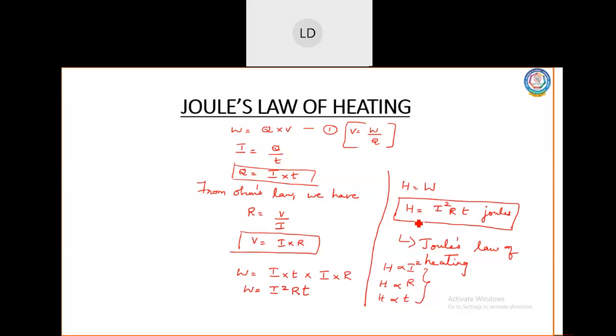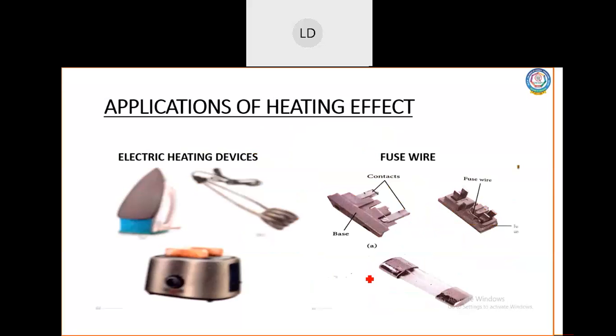Okay? Right. Next, we are going on to the applications of the heating effect. Where are the areas where we apply the concept of heating effect, that is, Joule's law of heating? It is applied in many important applications for our domestic purposes and for industrial purposes also.